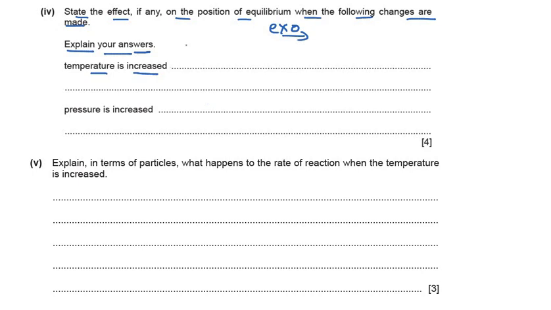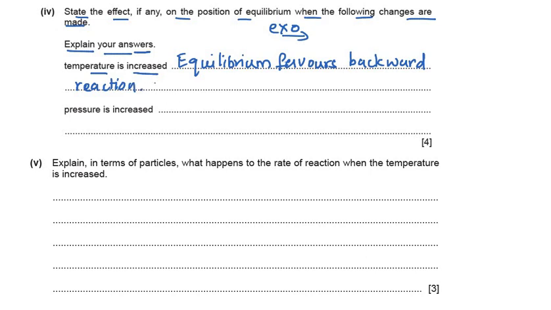So first, if we state the effect, then I'll say that equilibrium favors the backward reaction, or you can say reverse reaction also favors backward reaction. You can also write favors the left hand side reaction, backward reaction favors the reactants, anything can be written.